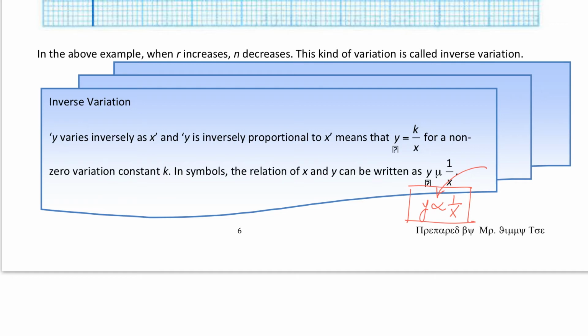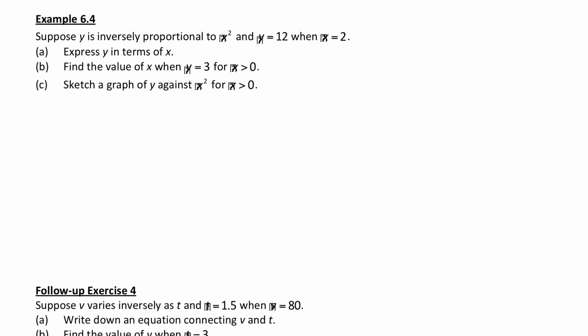Let's see some examples. Example 6.4. Suppose y is inversely proportional to x squared. Part A, I need to express y in terms of x. Then I know y is equal to k over x squared.